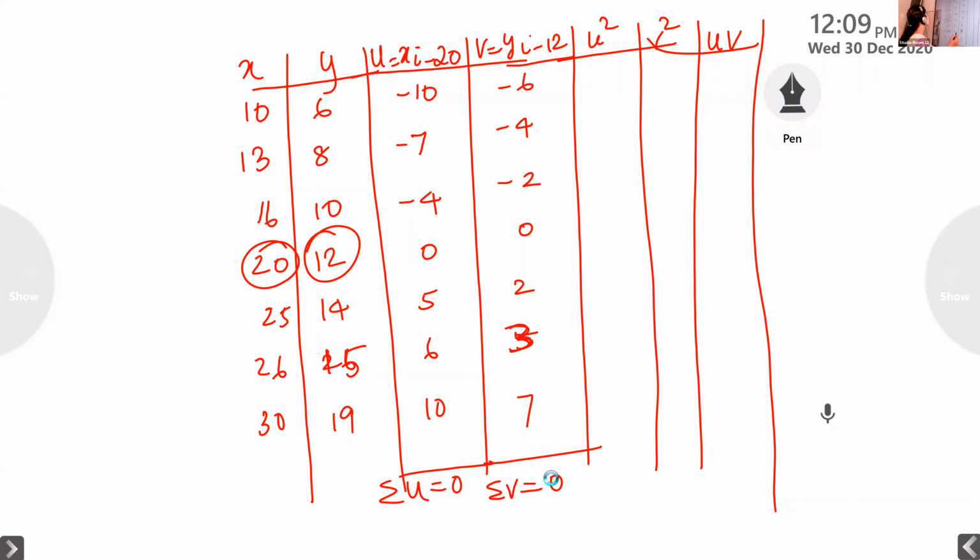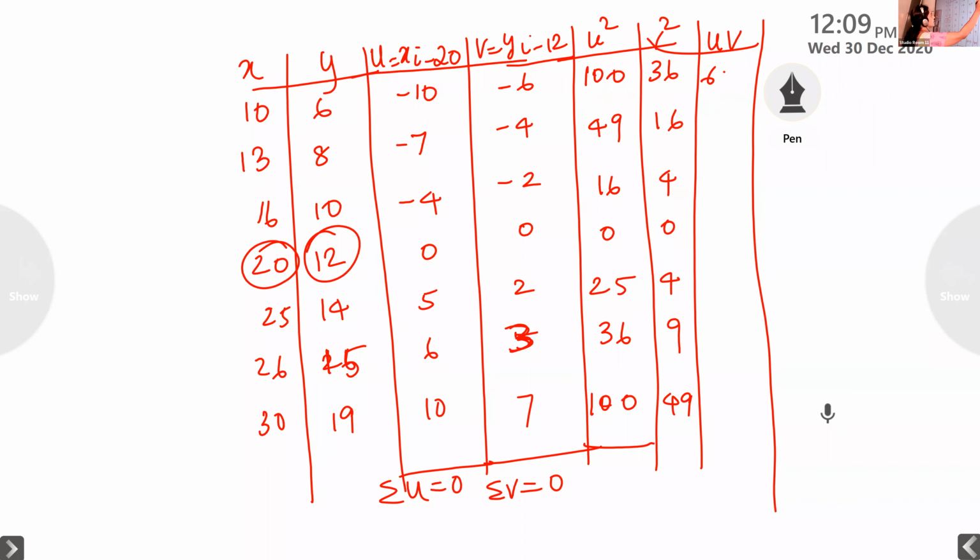Then find U square: 100, 49, 16, 0, 25, 36, 100. And V square: 36, 16, 4, 0, 4, 9, 49. Then find U into V: 60, 28, 8, 0, 10, 18, 17.